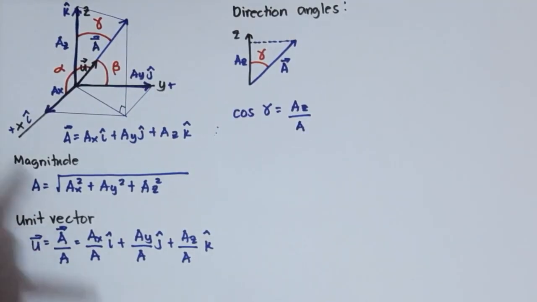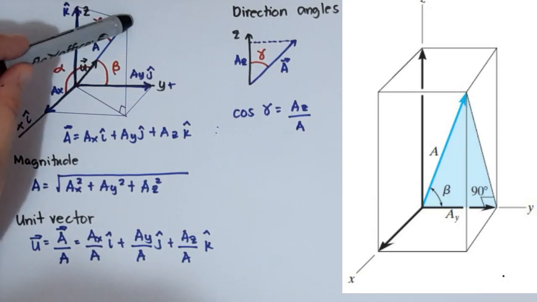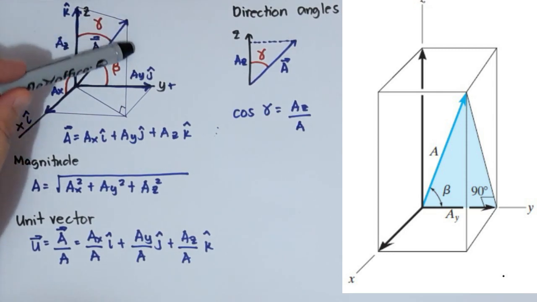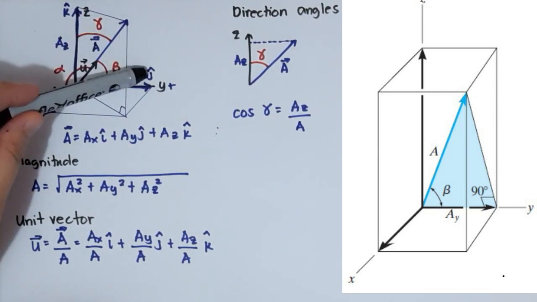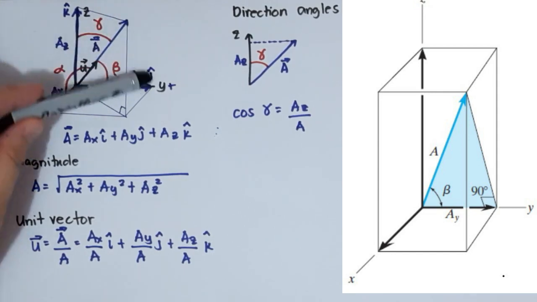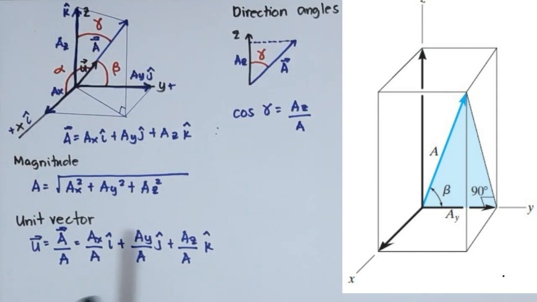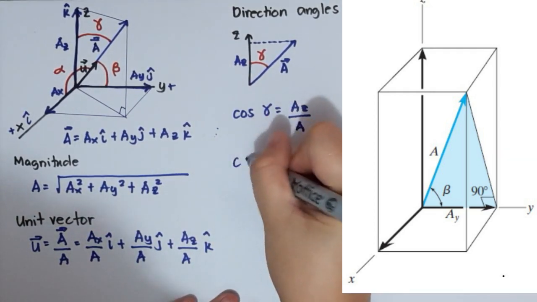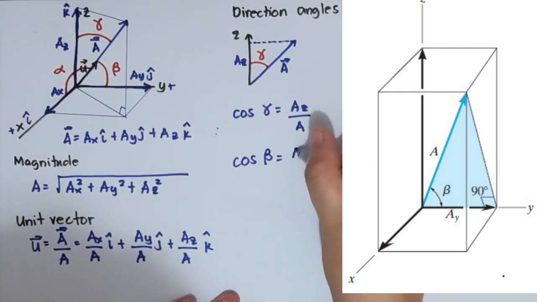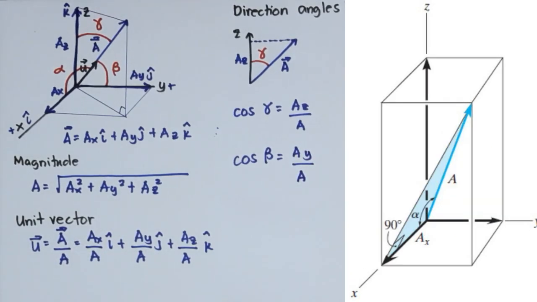And for alpha and beta, it will be also like this. If we picture this out, this is beta, and this will be the right triangle of ay. It will also be 90 degrees with reference to beta. If we look at this in 3D, that is also 90 degrees. Therefore, I can write cosine beta is equal to ay over A. And the same with alpha.